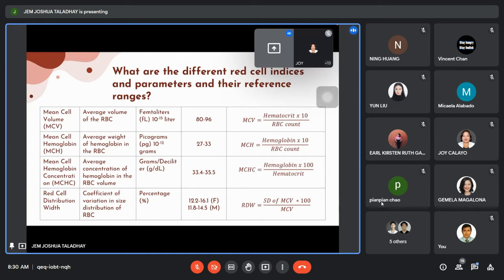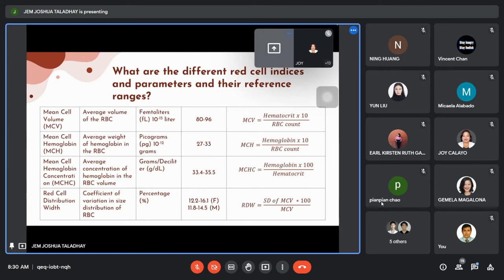Then we have the mean cell hemoglobin, which is the average weight of hemoglobin in the RBC, and it is usually expressed as picograms, and the normal range is 27 to 33. If calculated, it is the result of hemoglobin multiplied by 10 divided by the RBC count.